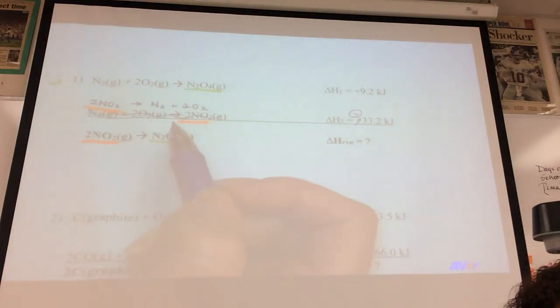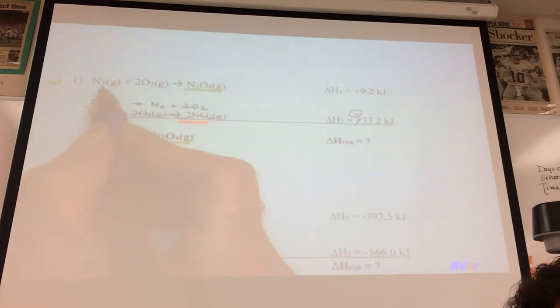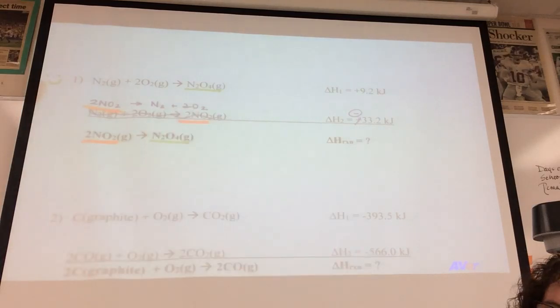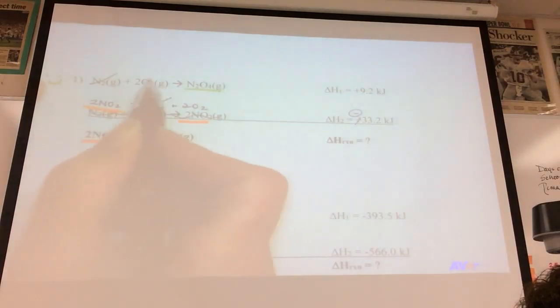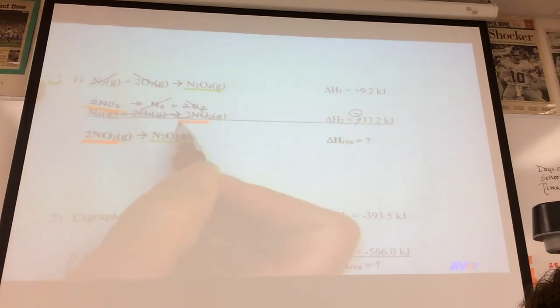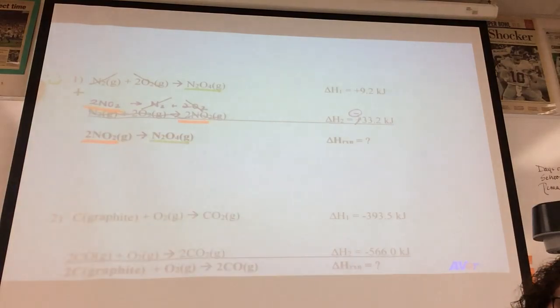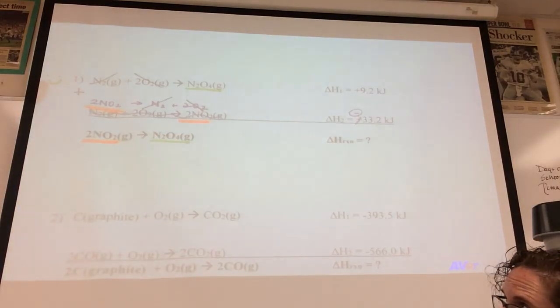Now I look for the cancellation effect. 1 mole of nitrogen gas on the left in the first, 1 mole of nitrogen gas in the second, on the right, cancel, cancel. 2 moles of O2 on the left in the first equation, 2 moles of O2 on the right in the second, cancel, cancel. Now when I add these 2 together, I get that bold-faced reaction as shown.